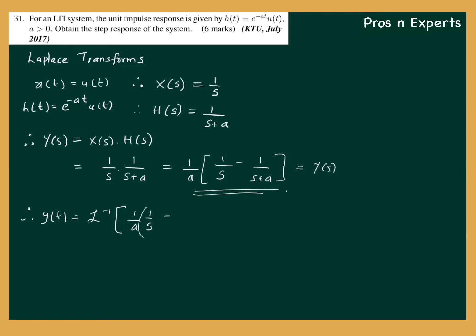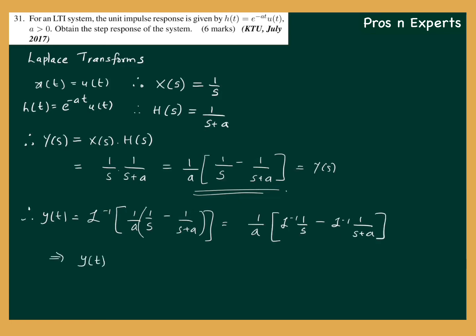I can take 1 by a outside the inverse Laplace transform due to the linearity property, and that will give you 1 by a into L inverse of 1 by s minus L inverse of 1 by s plus a.